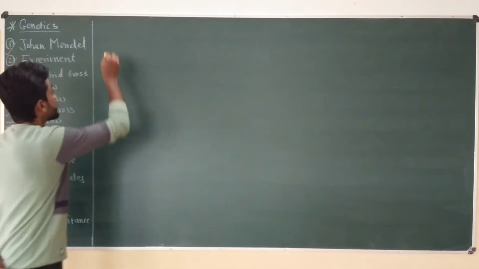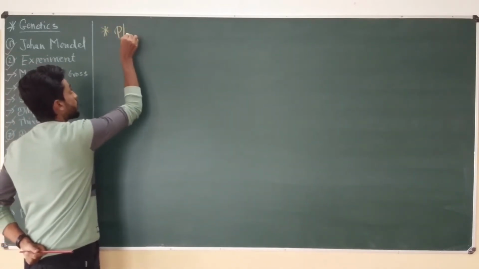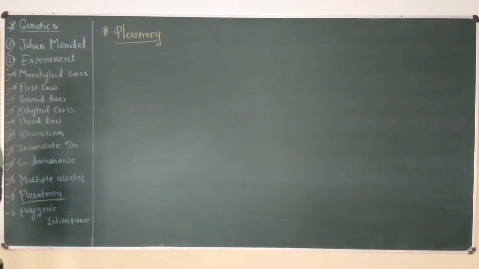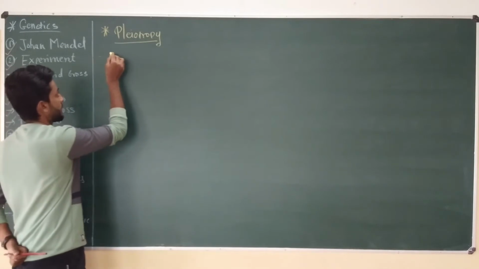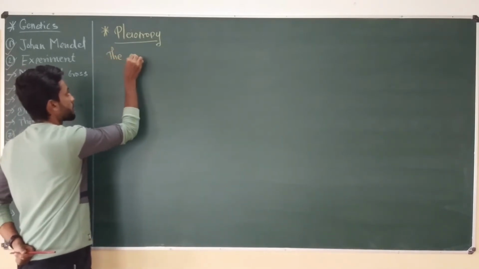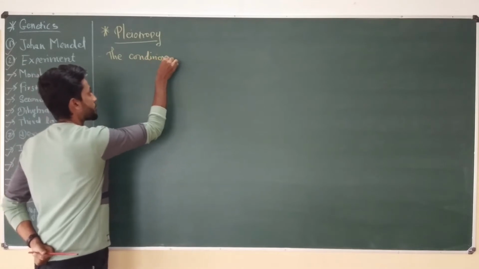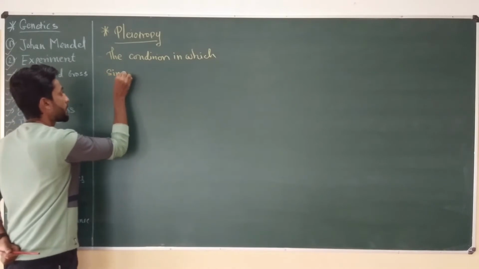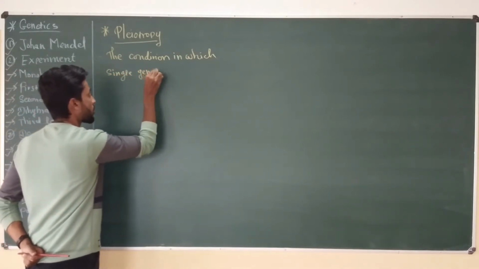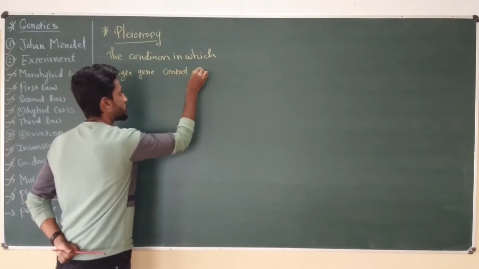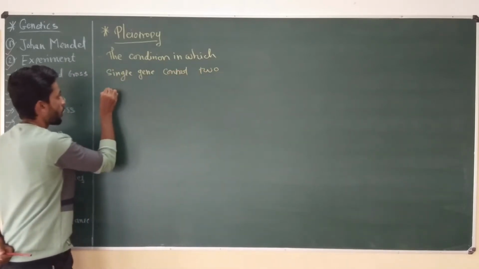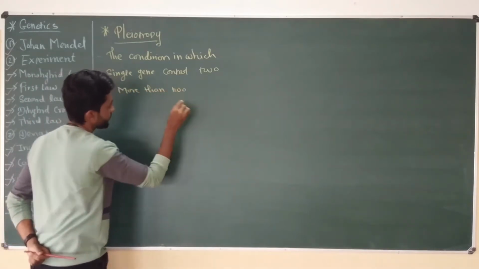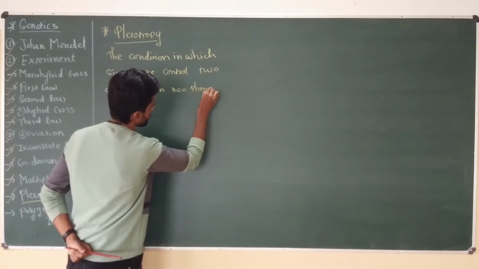Okay, so if we want to define pleiotropy or pleiotropism, we can say like the condition in which single gene control two or more than two phenotypes or characters.